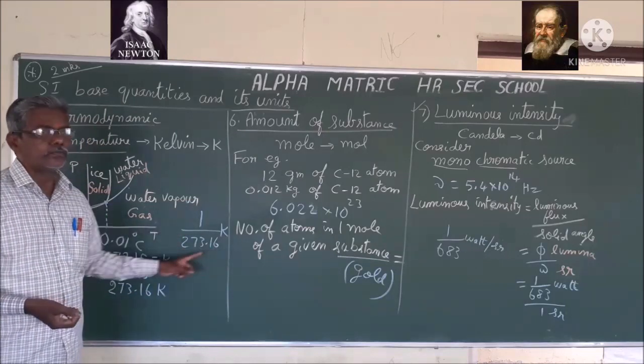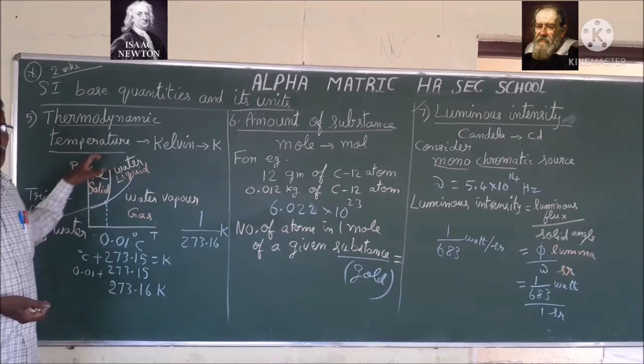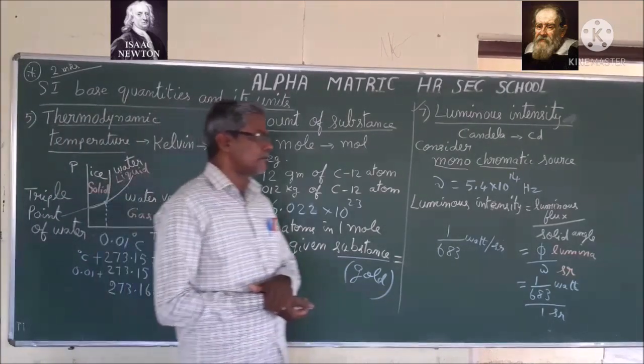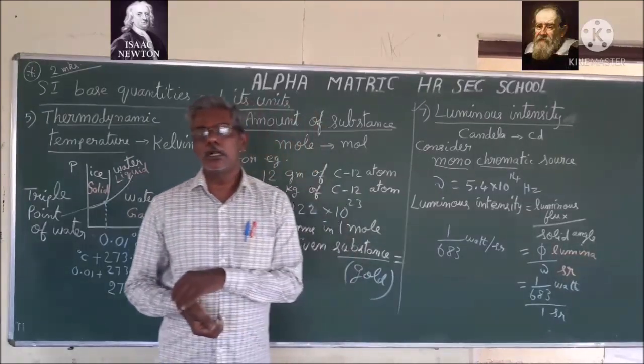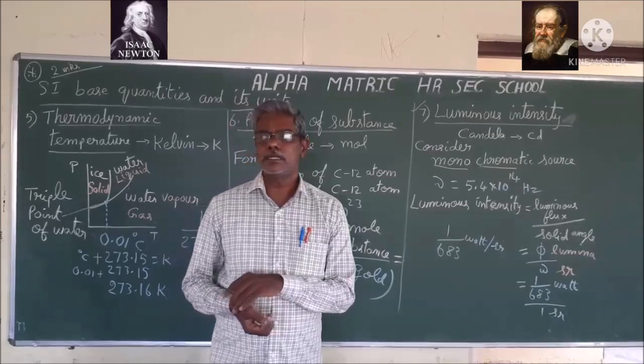The fraction of the thermodynamic temperature of the triple point of water is called 1 Kelvin. Next, we have discussed amount of substance. The unit is mole, symbol is mol.